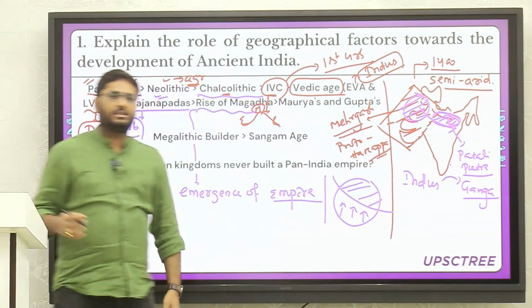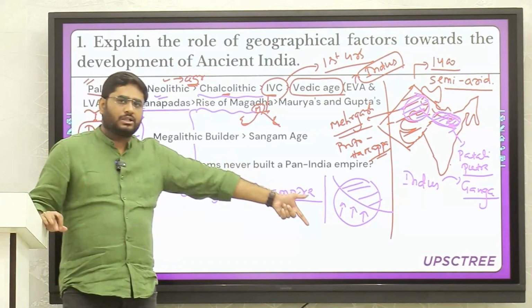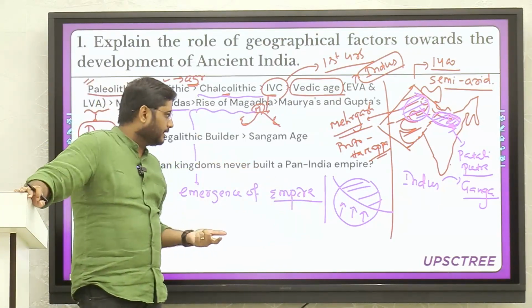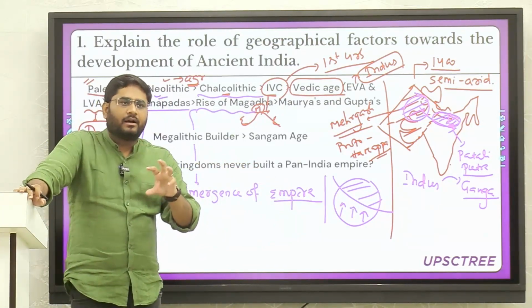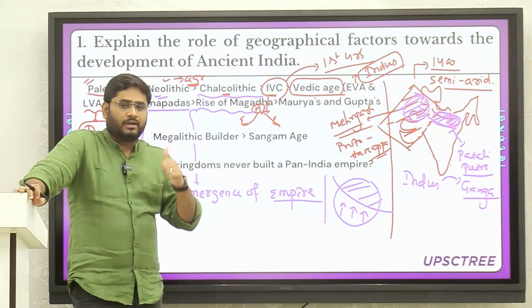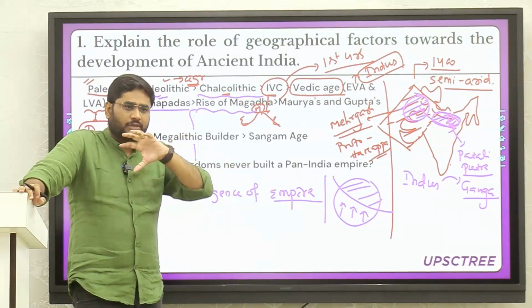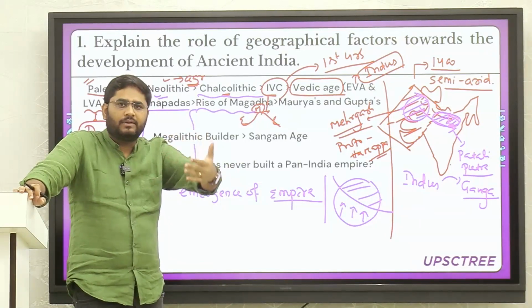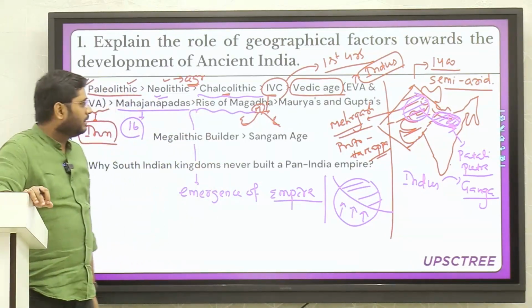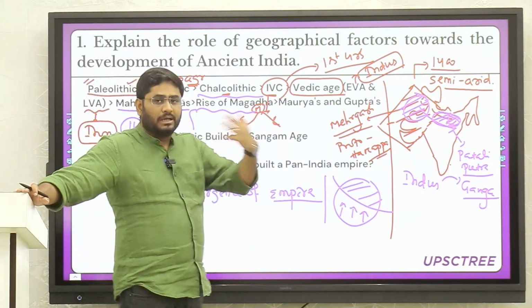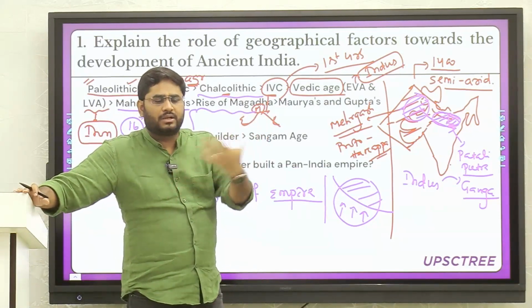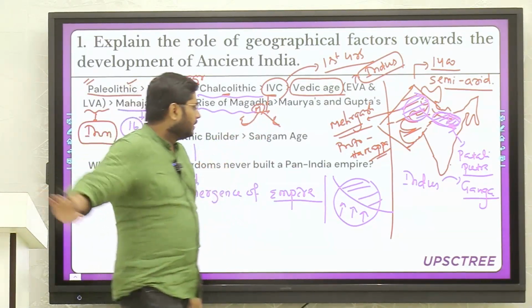This group of people had knowledge of agriculture, so because of that knowledge they could create new weaponry. Second, because there is a forested region, they would get elephants to fight the war with them. And to build chariots also they had easy access to forest, so easy access to timber. Those are the major reasons.